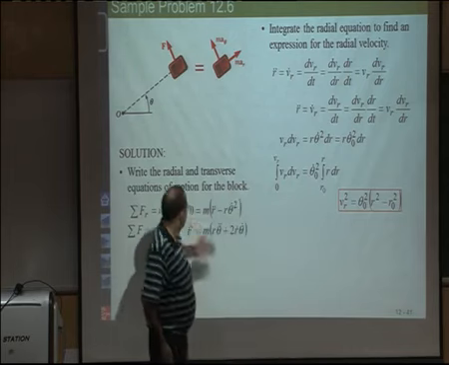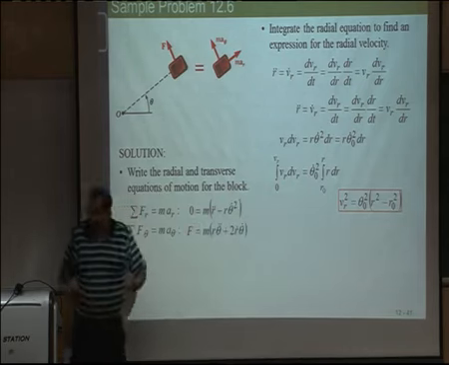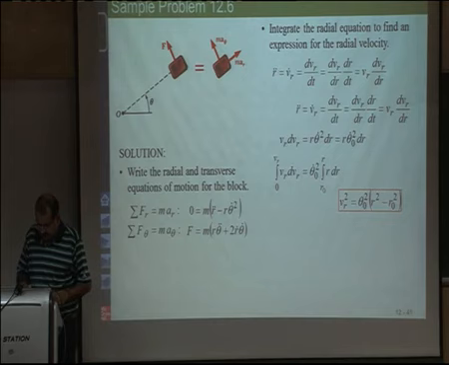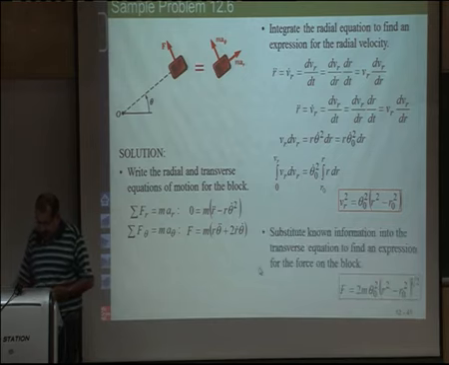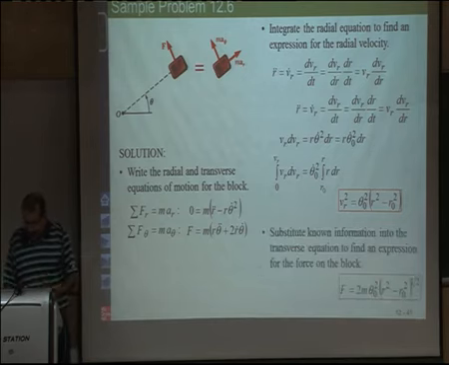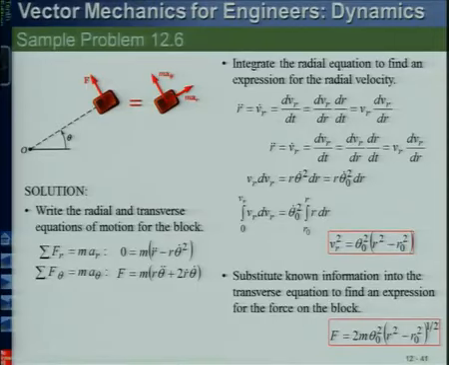And from here you can substitute in the second equation. This expression for Vr square will be fed in, and from here we will be able to get the force.